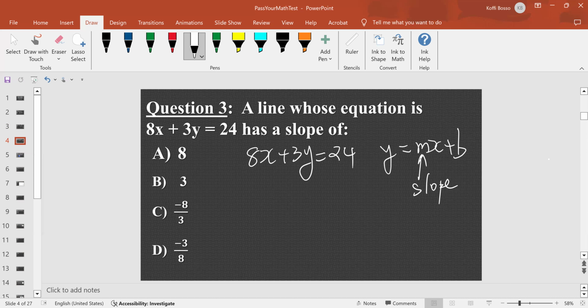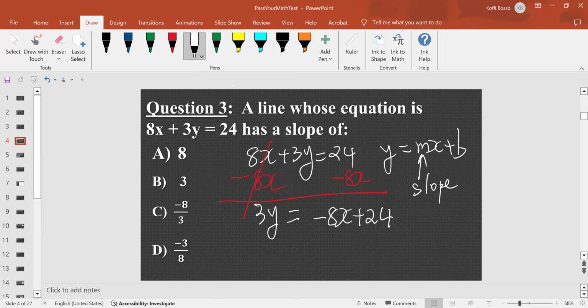So here we need to isolate the y. Therefore, we will subtract 8x on both sides, which moves the 8x to the other side. That becomes negative 8x. So we now have 3y equal to negative 8x plus 24.